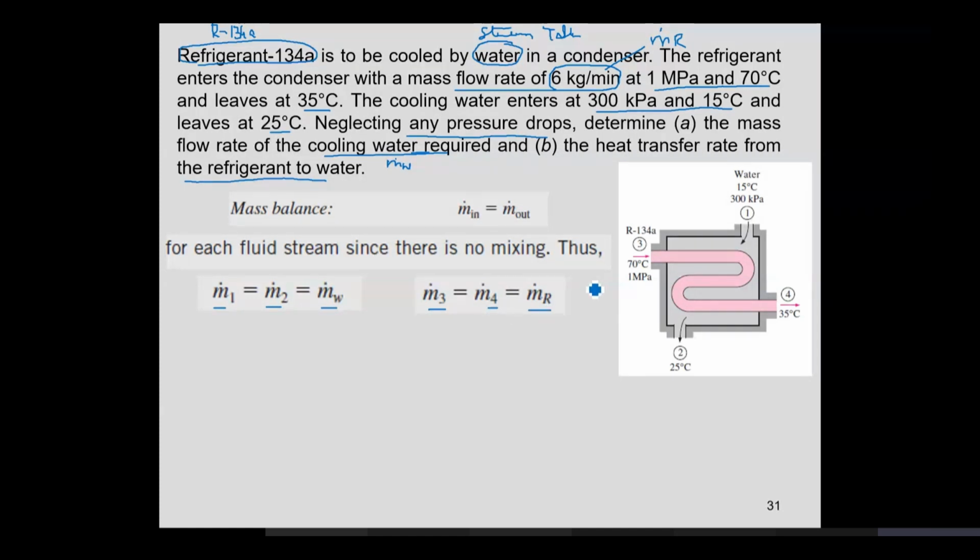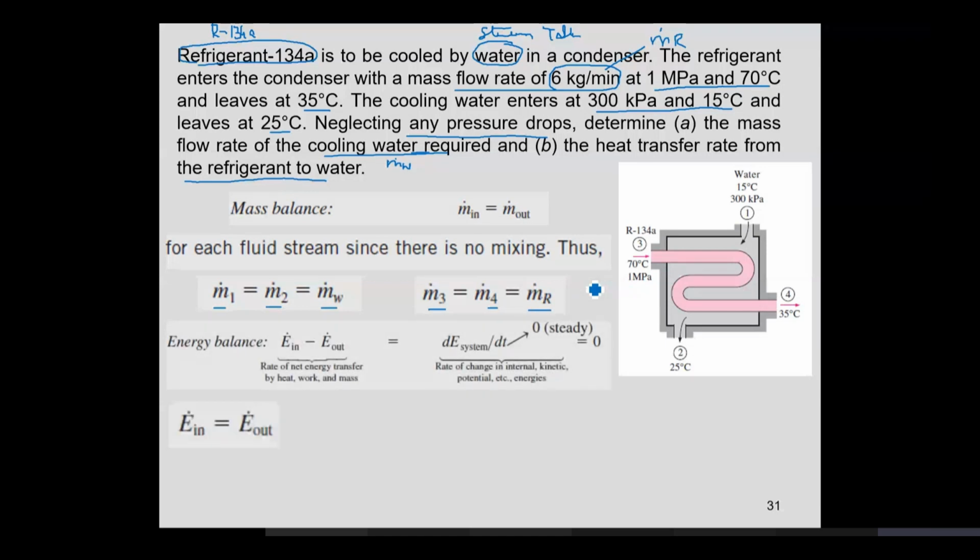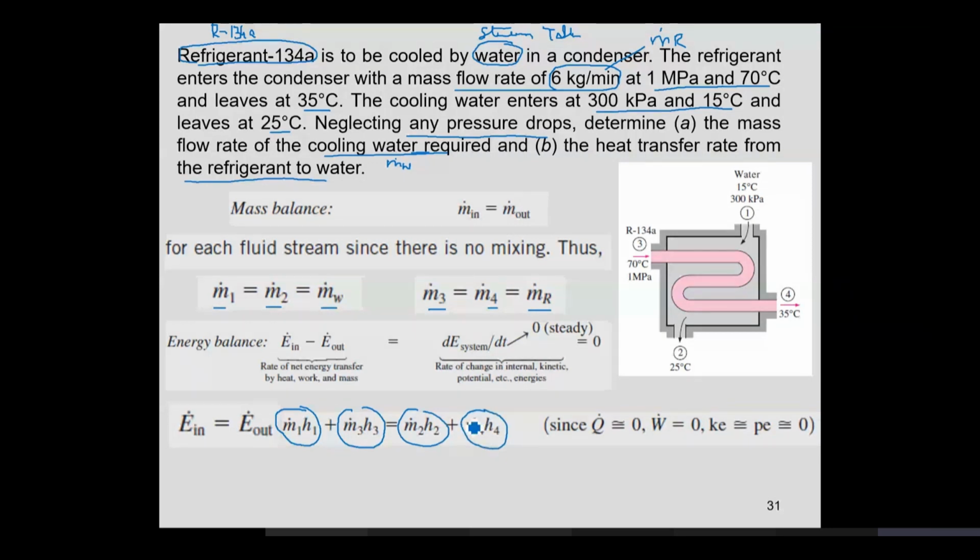Now, at this mass flow rate, you have the energy balance equation, which says the energy coming from water and refrigerant entering the system is equal to the water and refrigerant leaving the system. So if I combine the water terms on the left hand side, I would have m dot 1 h1 minus m dot 2 h2.